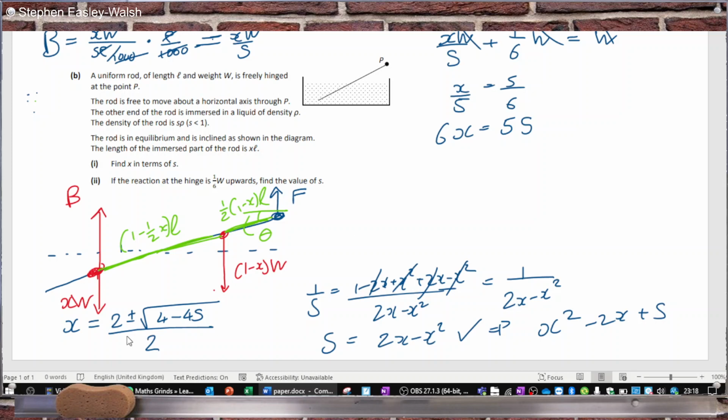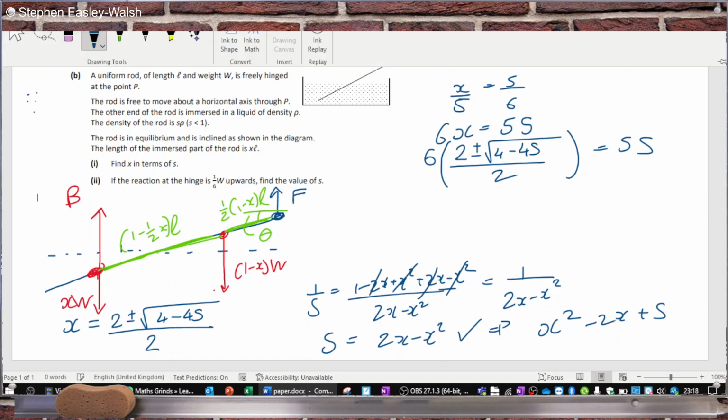Now this is where we could probably use this guy now. 6x, 2 plus or minus root 4 minus 4S. Oh, actually I could have simplified that a bit, couldn't I? I could have cancelled that out.